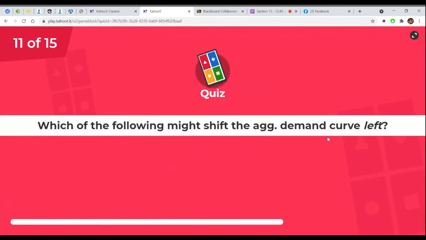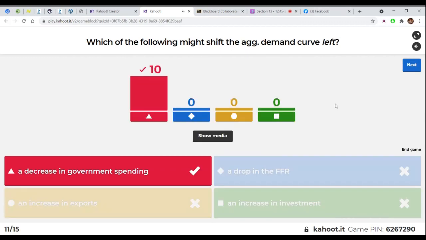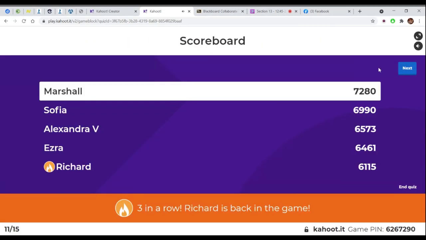Almost there. Which of the following might shift the aggregate demand curve to the left? That is the other way. That's right. It is a decrease in government spending.